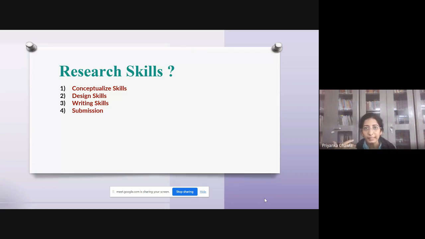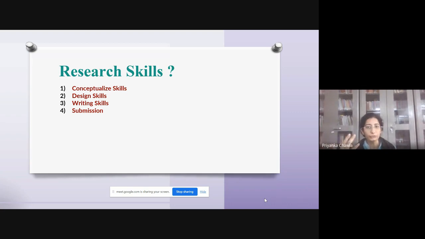Skills means expertise, command to write a research paper, to get your paper published in a good, reputed journal, Scopus, SCI, or other UGC approved journal, ABDC journal. It is required that you must possess this type of skills.